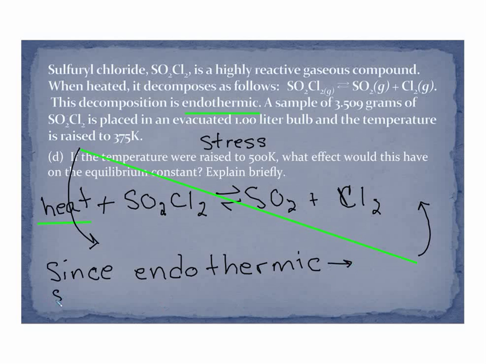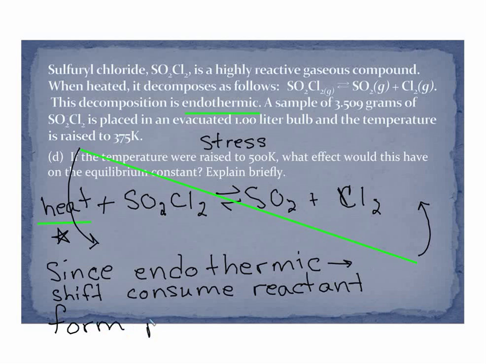So since it's endothermic, I'm going to shift to consume reactant, right? It's all about what's happening to reestablish equilibrium, consume reactant, and what I'll do then is form product. So my product partial pressures would increase. My reactant partial pressure would decrease.